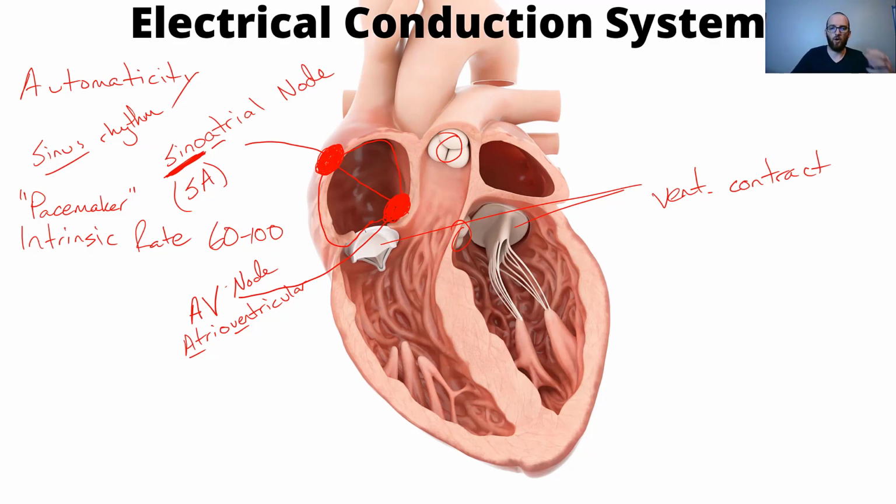So that AV node there holds it up, and then it continues and it branches down the ventricles. Okay? And you have a little kind of offshoot electrical pathways that contract the ventricles. Okay? So it branches, right? That little electrical conduction tissue, right?